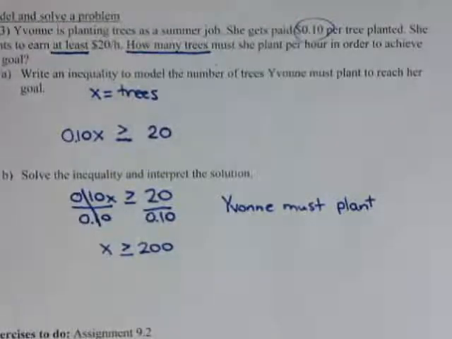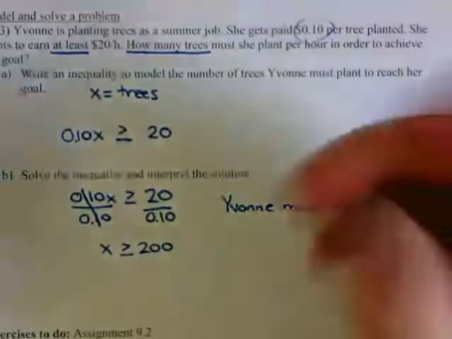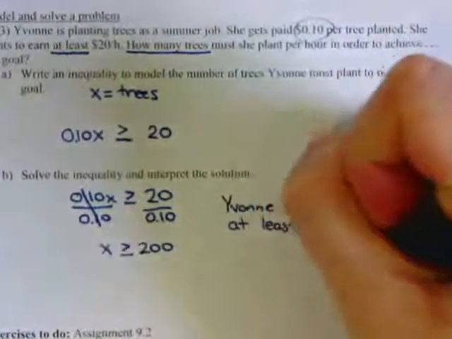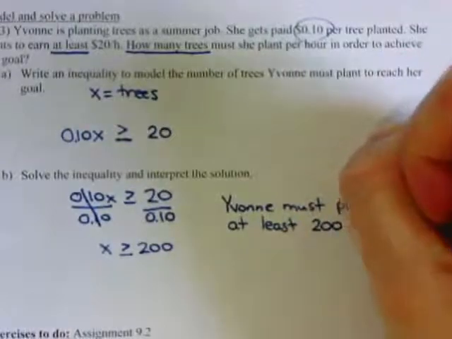Therefore, how you word your sentence is extremely important. You have to use words like at least, this number or more, things like that. Or you can say at most, no more than. You have to be very careful, but you must say those kinds of things. So Yvonne must plant. We can say at least 200 trees.